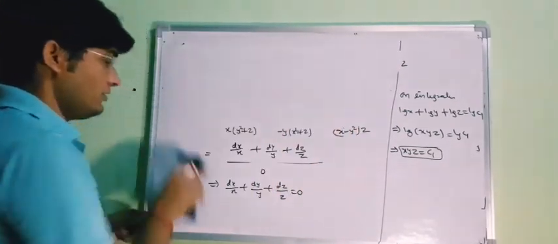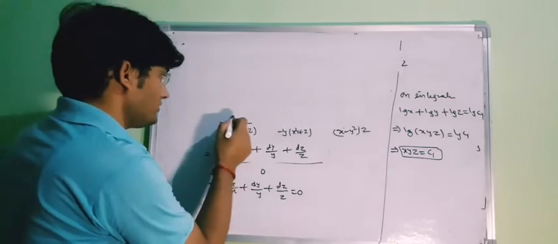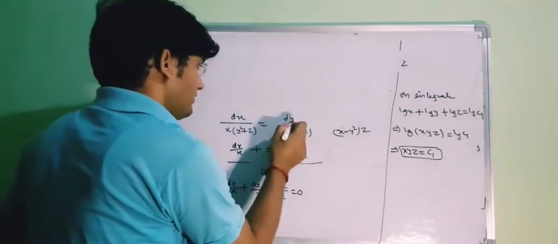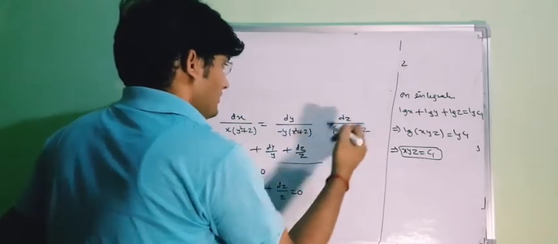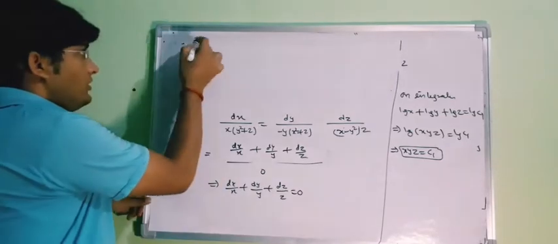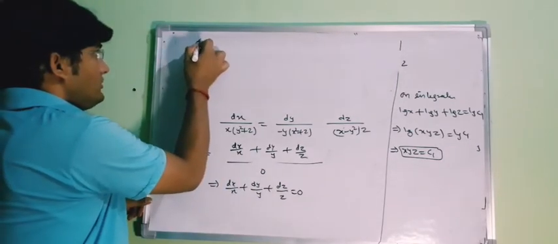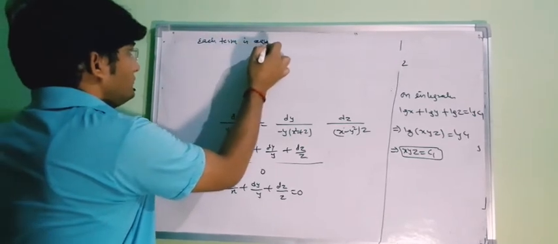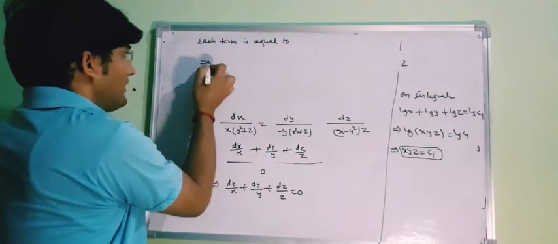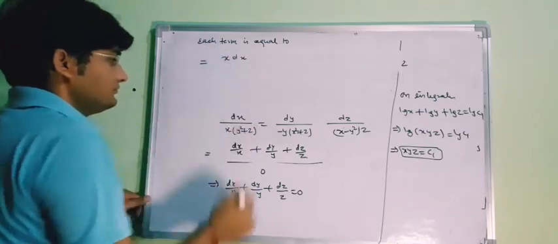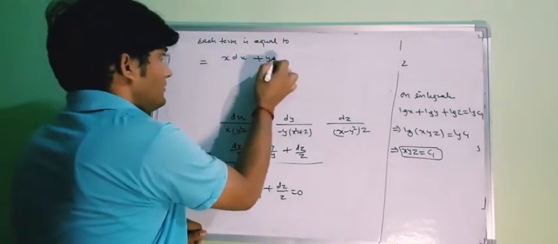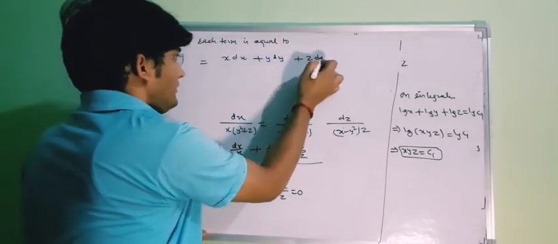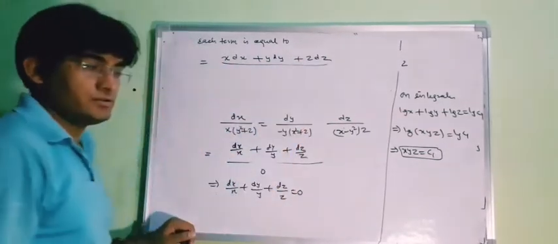This was your dx upon this one, and here we have dy upon this one, and then we have dz upon this one. Now each term is equal to, let us take multiplier as x, then as y, and then as z. Let us see what happens.